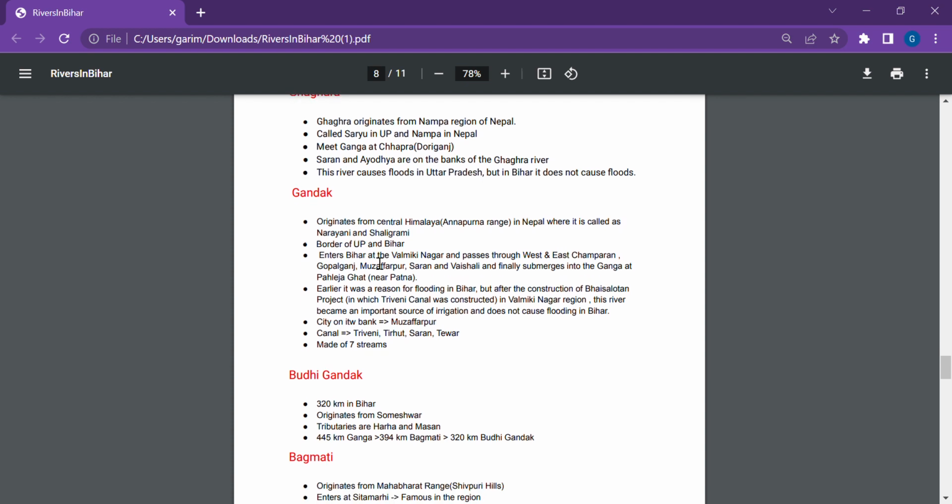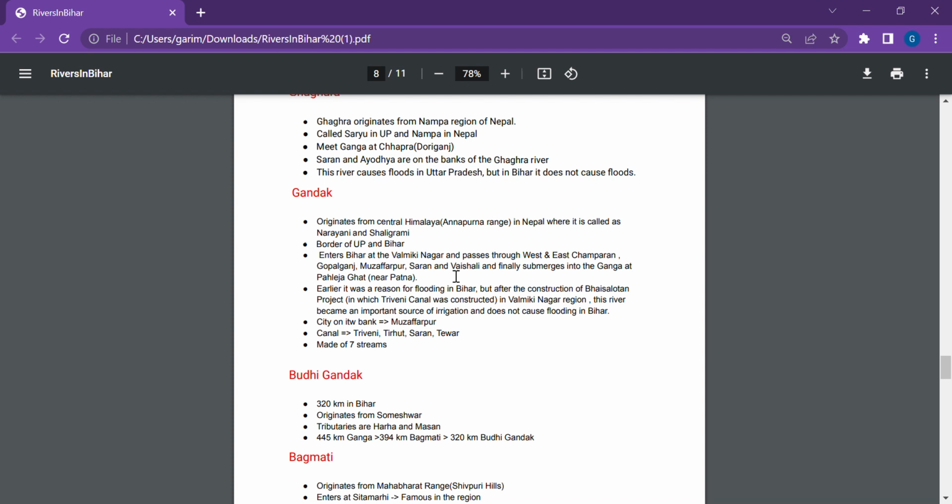It forms the border of UP and Bihar. It enters Bihar at Valmiki Nagar Tiger Reserve and passes through East and West Champaran, then Gopalganj, Muzaffarpur, Saran, and Vaishali, and finally submerges into Ganga at Pahlija Ghat near Patna.